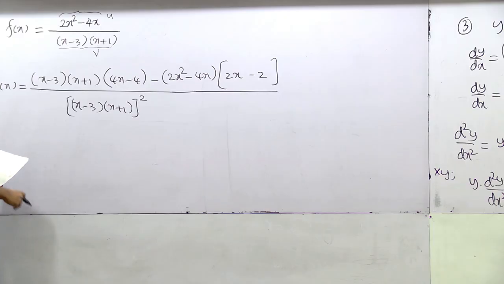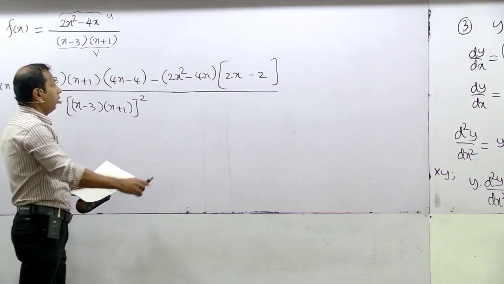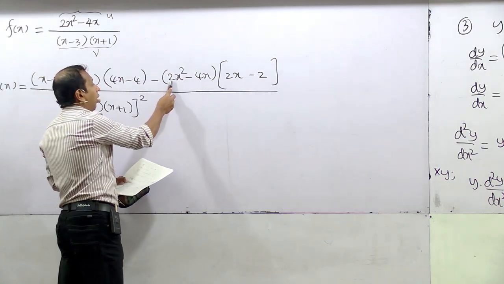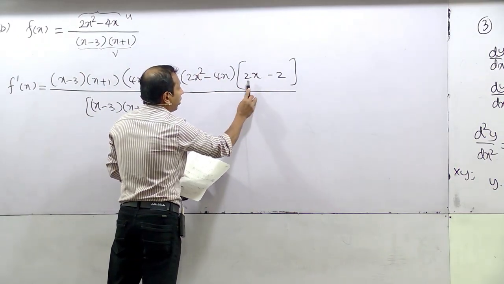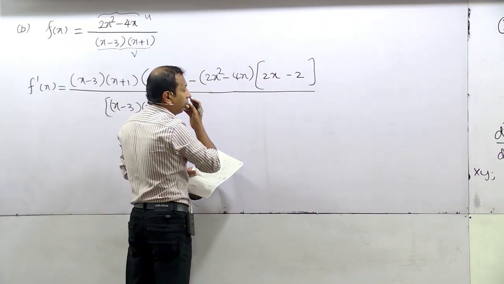Then, taking 2 out and multiplying that by this, we can form 4x − 4 here.